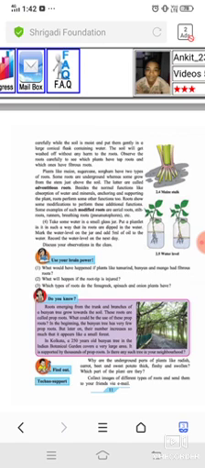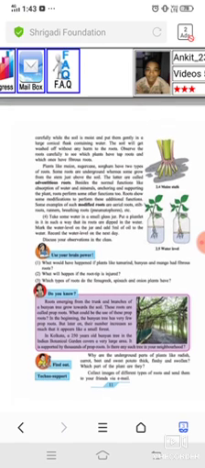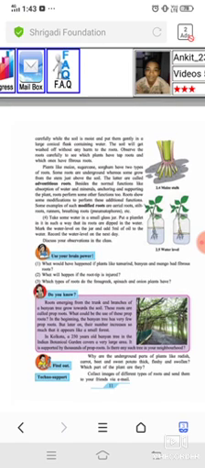The soil will get washed off without any harm to the roots.